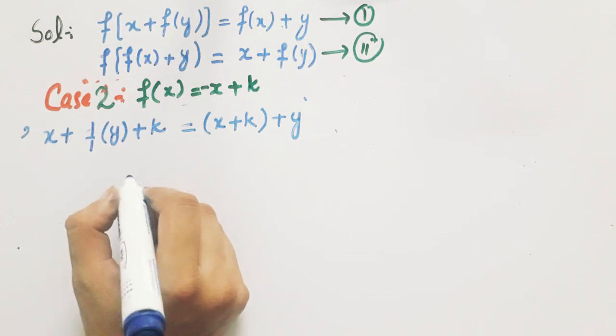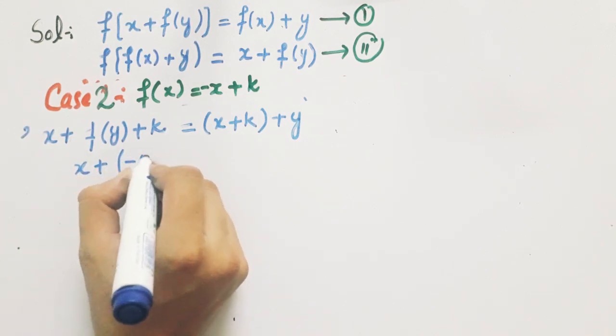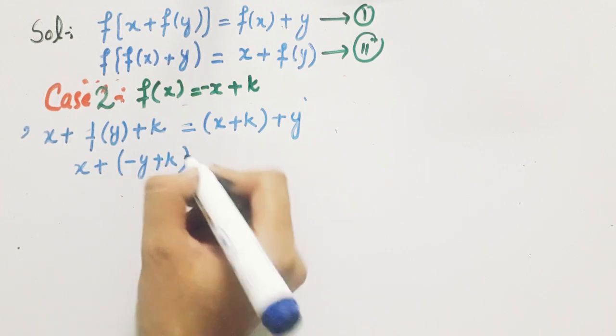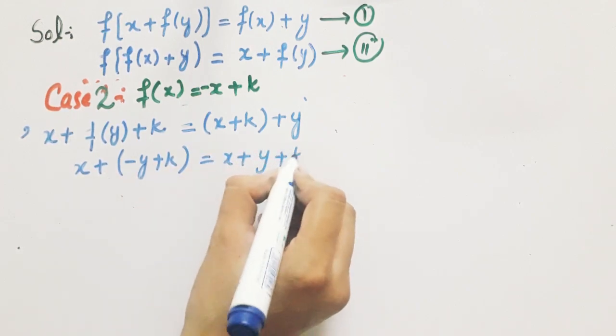So this implies that x - y + k is equal to x + y + k.